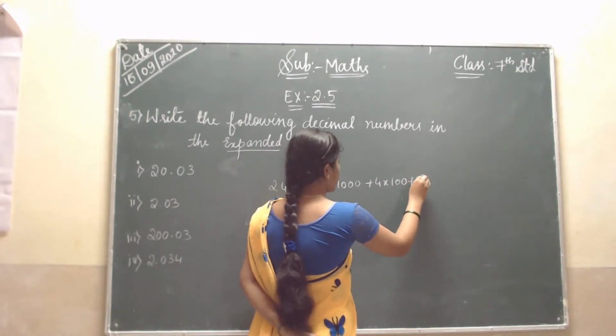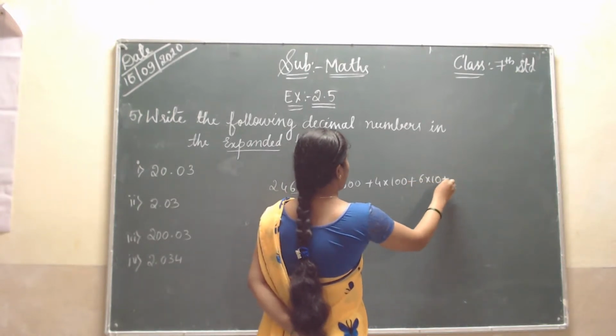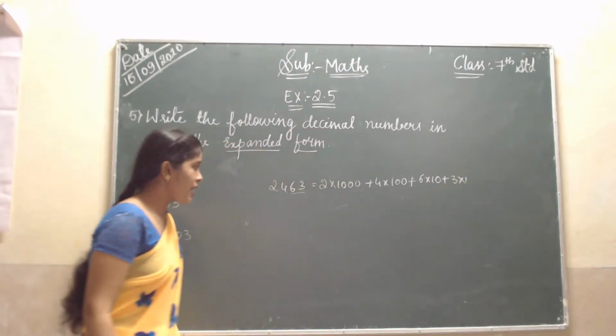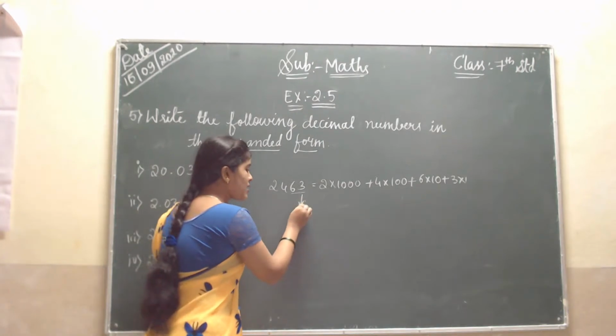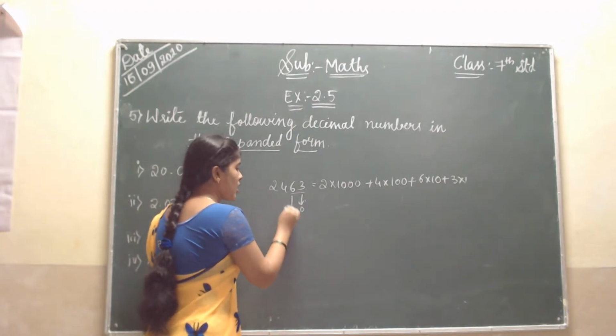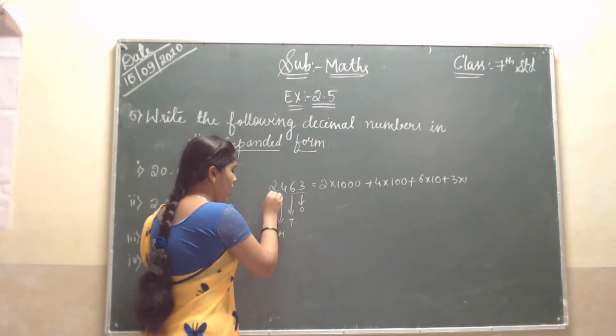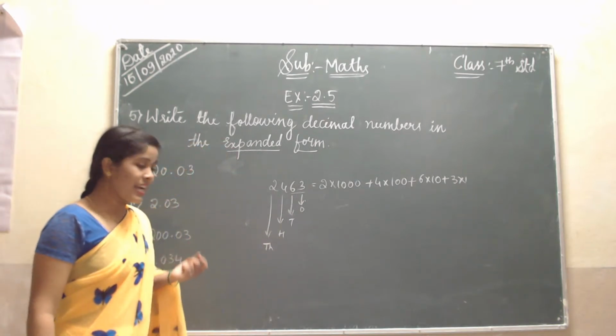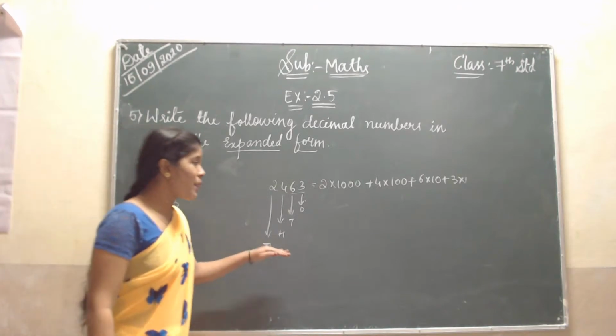Next plus 6 into 10 plus 3 into 1. Why we are taking this: this is ones place, tens place, hundreds place, and this one is thousands place.